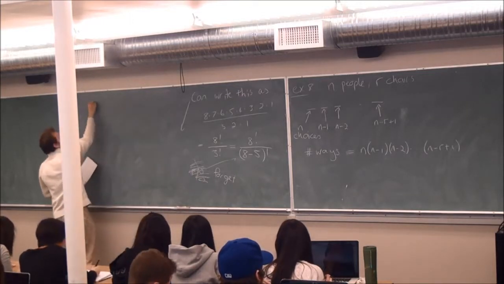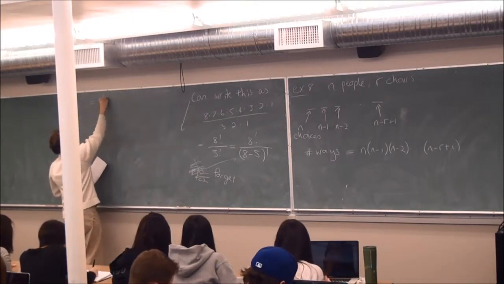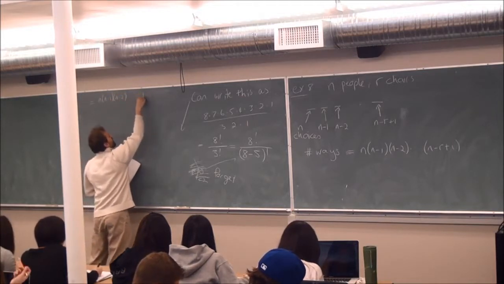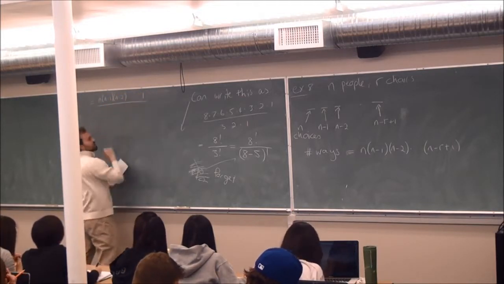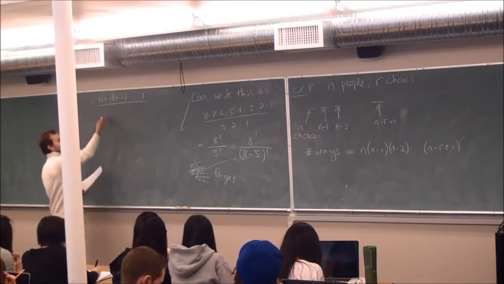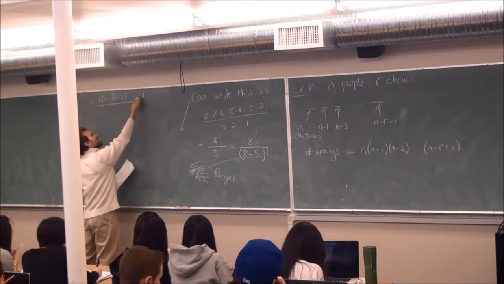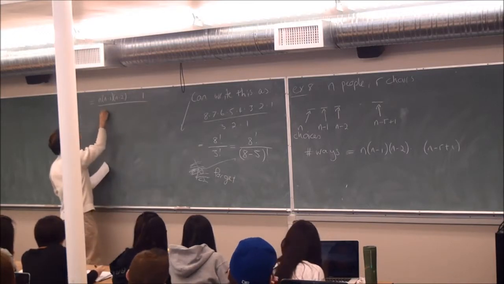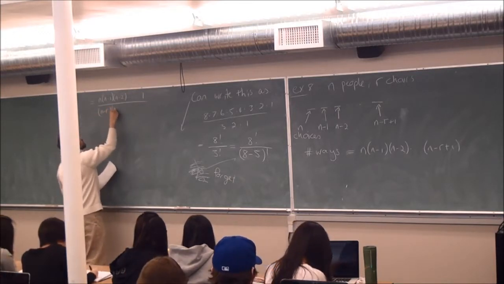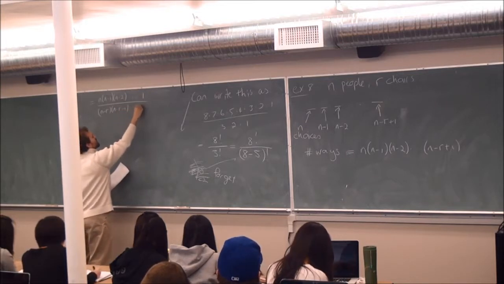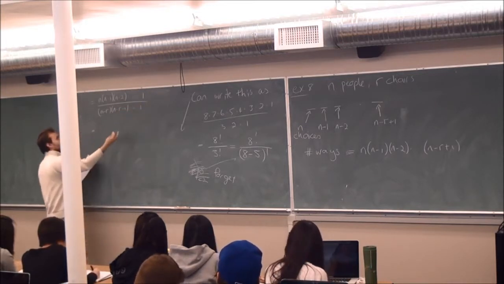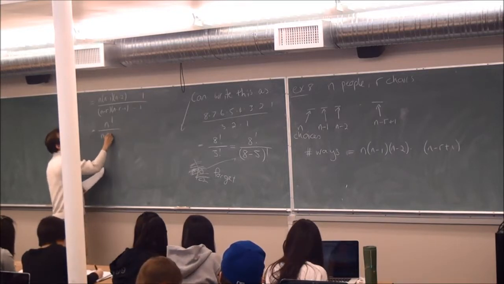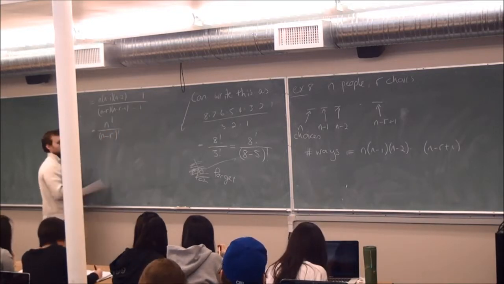I can write that as N times N minus 1 times N minus 2 all the way down to 1, which is N factorial. What do I have to divide by then, so that when I cancel this tail that I'm attaching, I do have that? I have to divide by N minus R, N minus R minus 1 all the way down to 1. So if I bring this all together, I get N factorial over N minus R factorial.